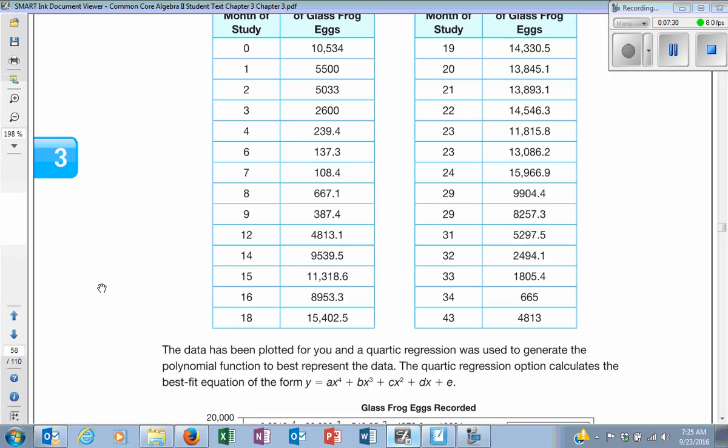Let me check and make sure you're right. What's the smallest? 108.4. We have 108.4 and 15,966.9. That is correct. Does that make sense?